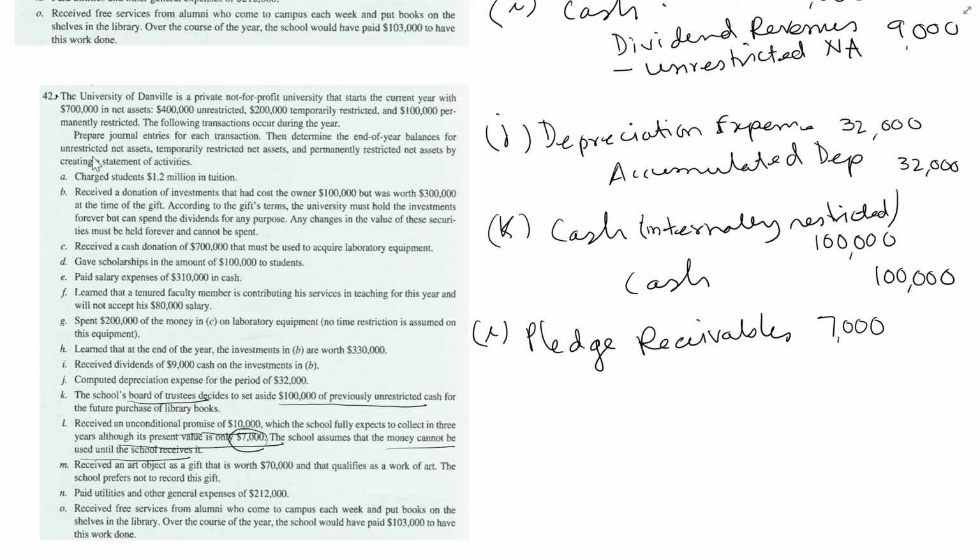So we will credit temporarily restricted net assets, and this is a contribution.